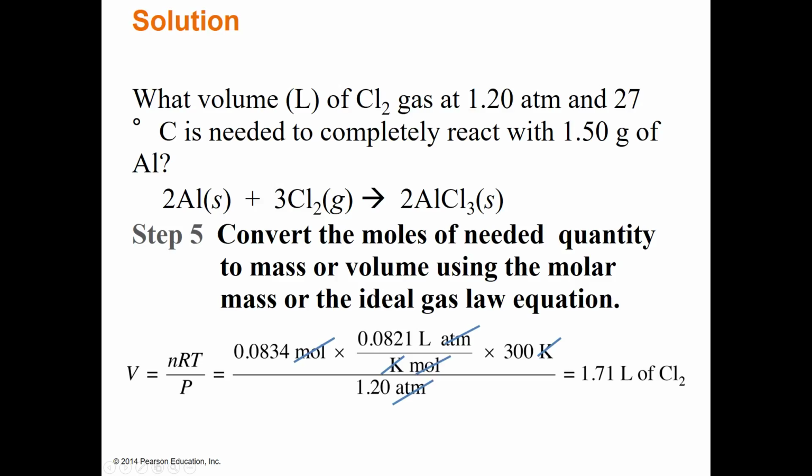So we're going to go ahead now and write your equation down first. Pressure is 1.20 atm. Volume we're trying to find. Number of moles is 0.0833. R is 0.08206 liter atm per kelvin mole. Temperature is 300 K.